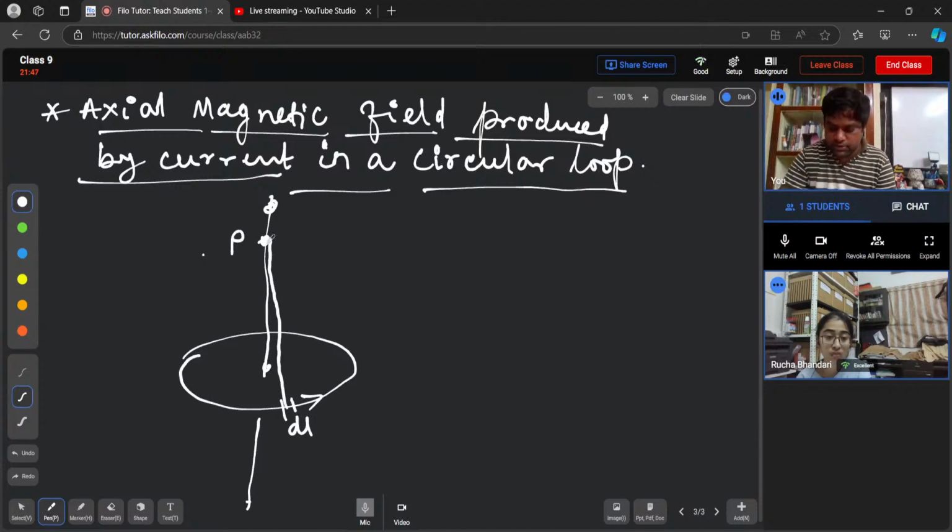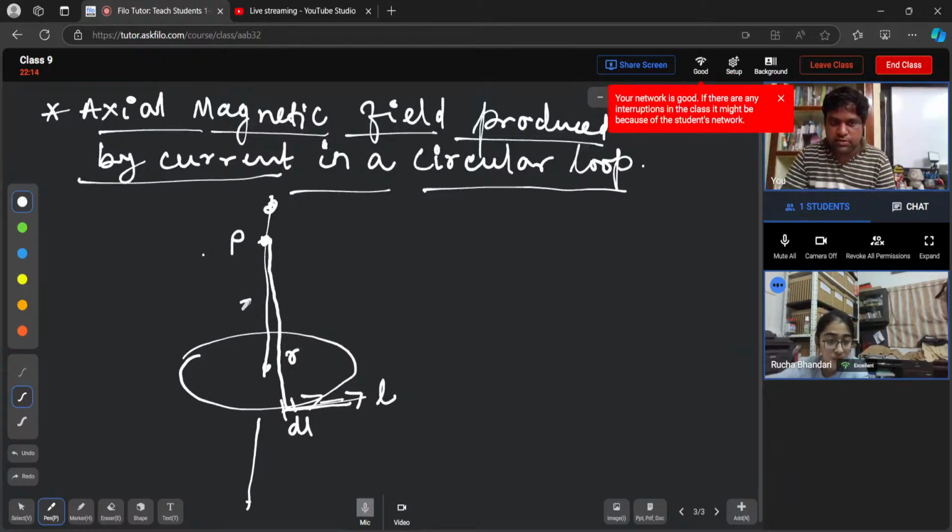We can use Biot-Savart's law. The current dl is in this direction, right? And this is your r, and let's say this is your z, the distance z along the axis.